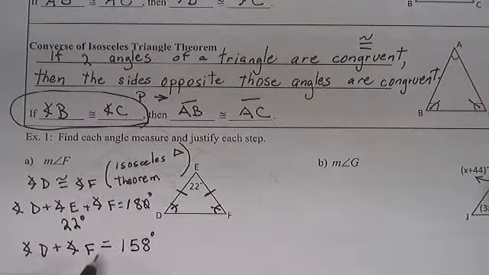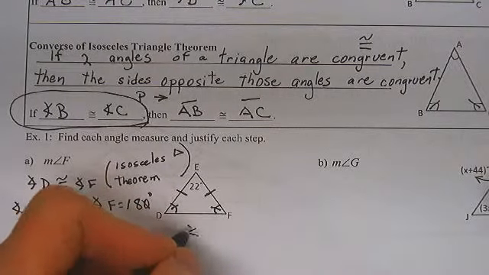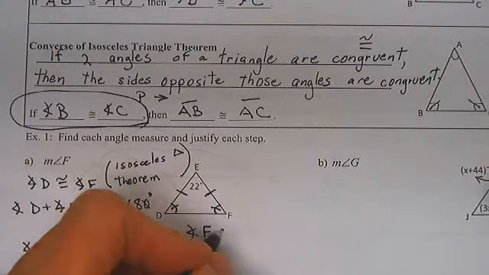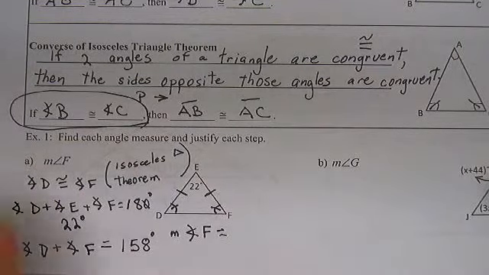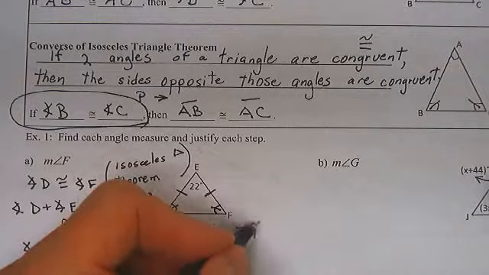Because angle D and angle F are congruent, I can divide 158 by 2, and when I divide 158 by 2, I get angle F is equal to half of 158, which might be 79 degrees.